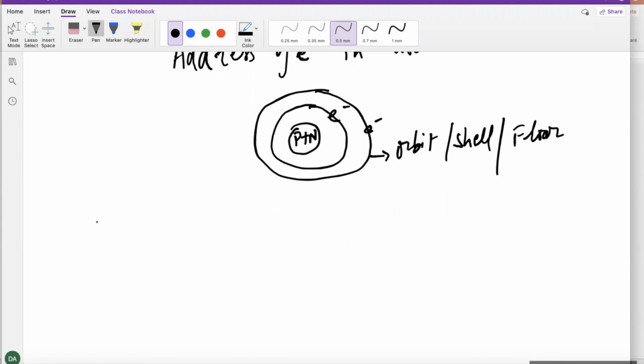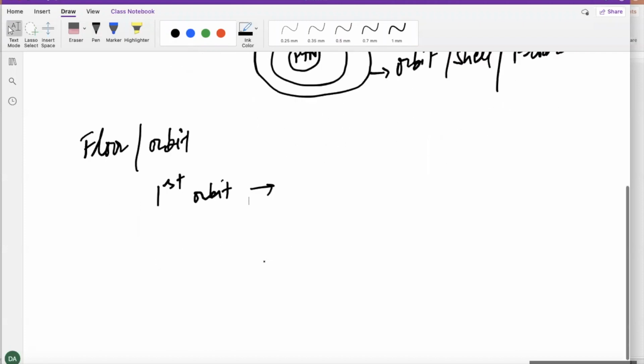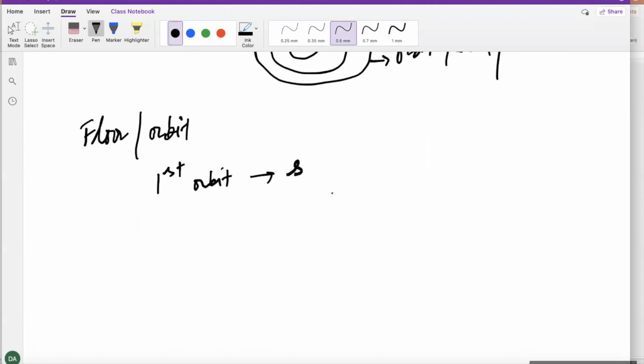If we say that we have different floors, which we also call orbits, then let's say the first orbit, or the first floor, or the first shell, has a type of room, and that room is called room S. Now, of course, we are calling it a room, but actually it should be called an orbital. So not orbit, okay? Orbit was the floor number. The first orbit has an S orbital inside, and that orbital you can think of as a room. And guys, another term for orbital is subshell.